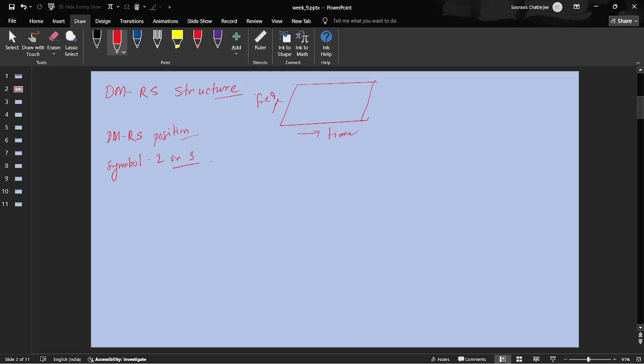And what is the reason for the same? Can you point it out? Why at the initial stage? Or in other words, what happens if I transmit my data first and schedule the DMRS at the end?